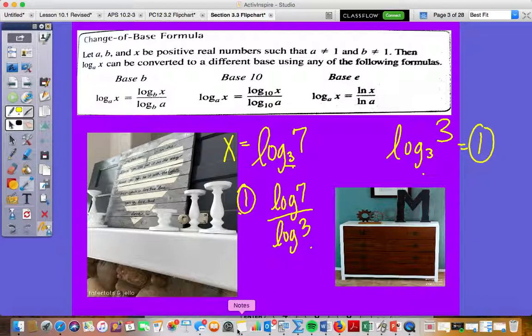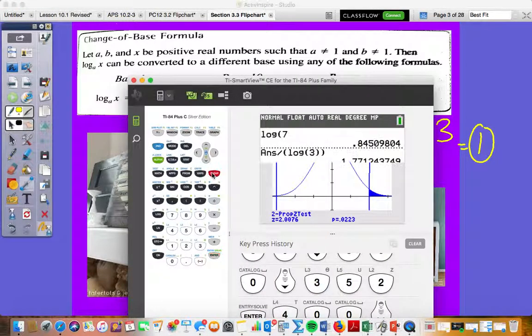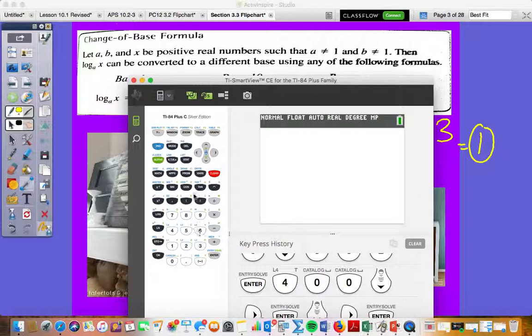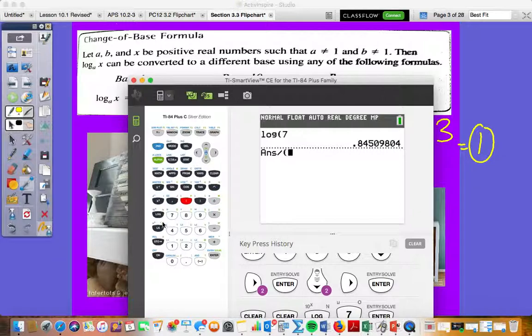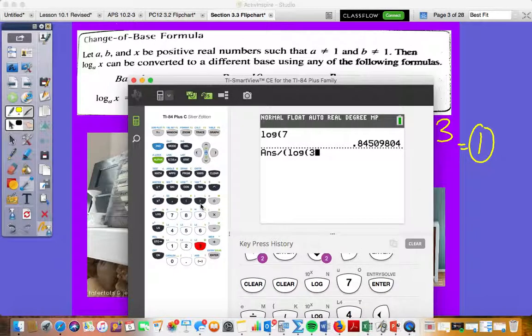If I were to do this on an actual calculator, I would put log of 7, press enter, divided by the log of 3. And when I divide that, the answer is 1.77, okay?